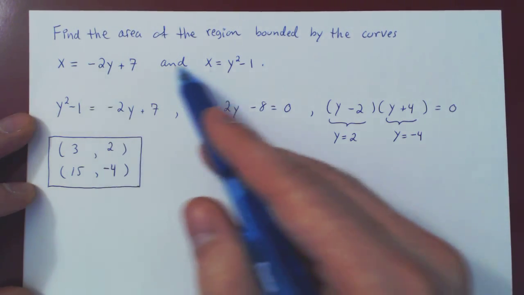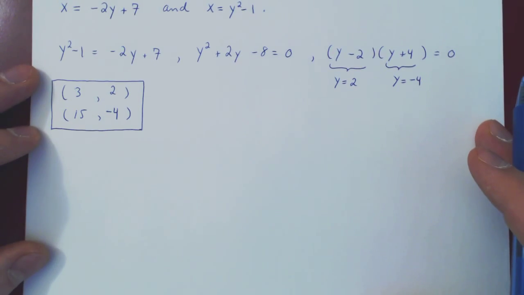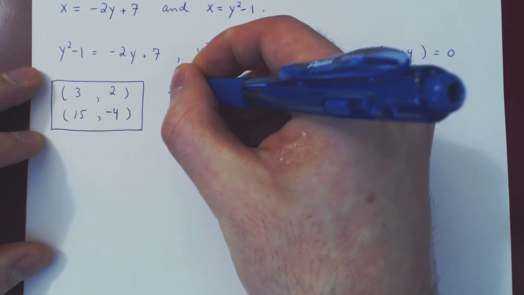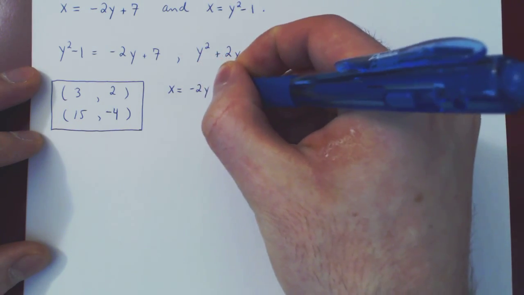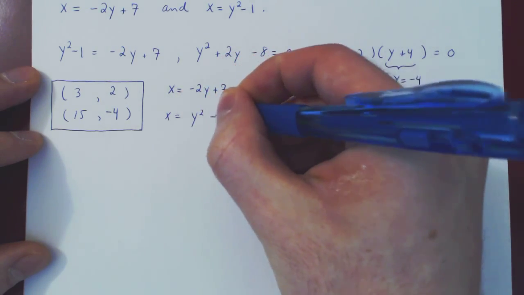And now we can sketch these curves with the help of our points of intersection. Let me just rewrite the curves here. So x equals negative 2y plus 7. X equals y squared minus 1.